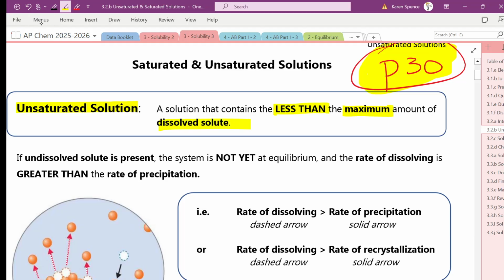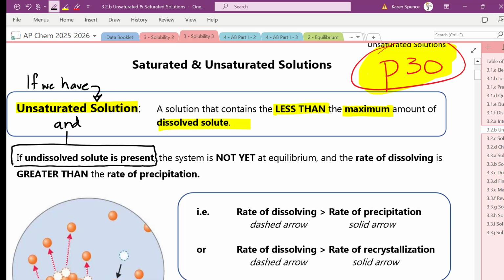And if we have an unsaturated solution and if undissolved solute is present, are we at equilibrium?